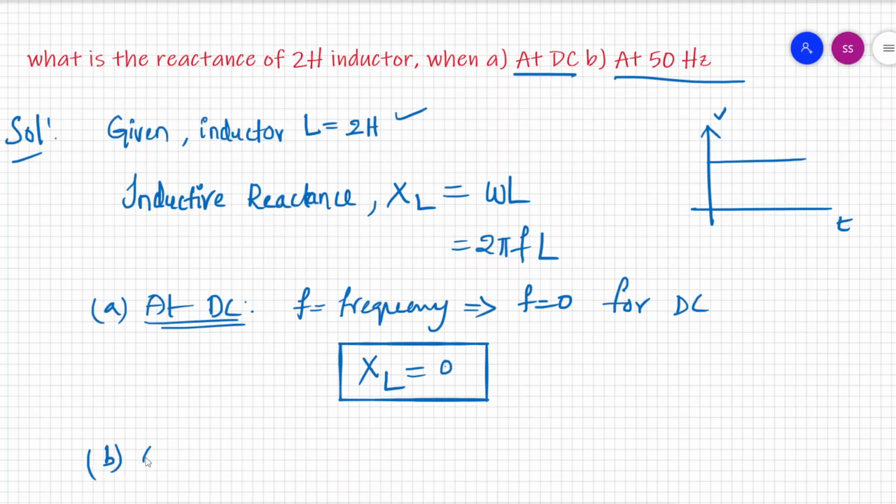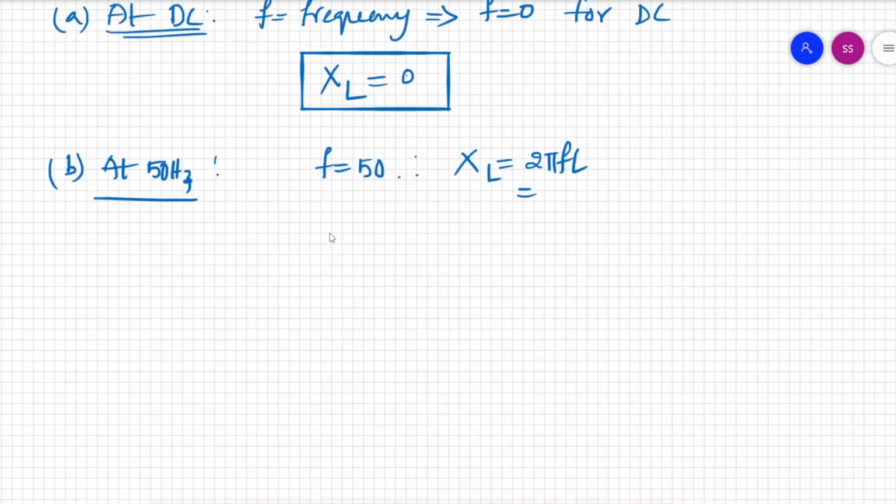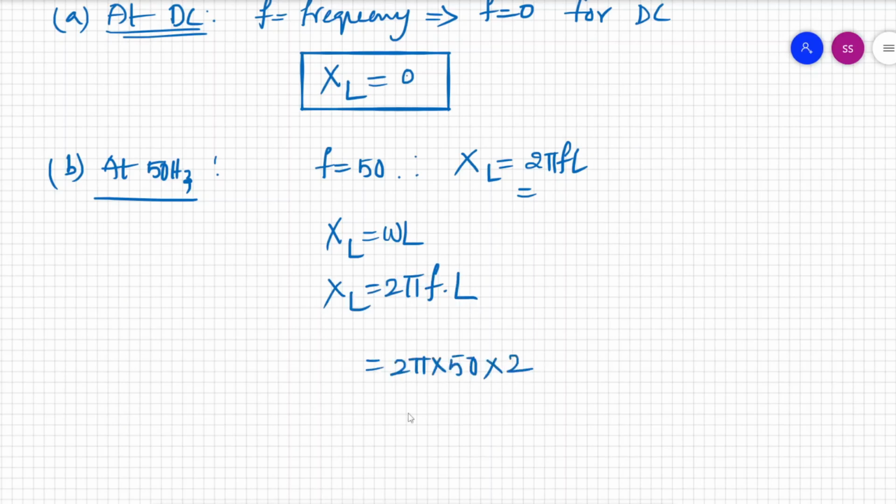Now let us do it at 50 Hz supply. Okay, now we have frequency equal to 50. So you can find XL equal to omega L, which equals 2 pi FL. So 2 pi for AC it is 50 Hz, inductance value given is 2 Henry.